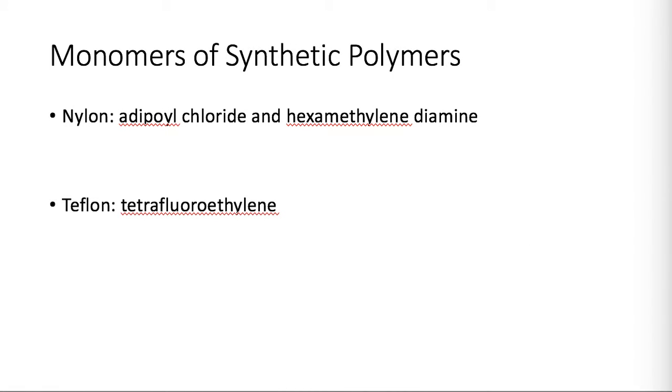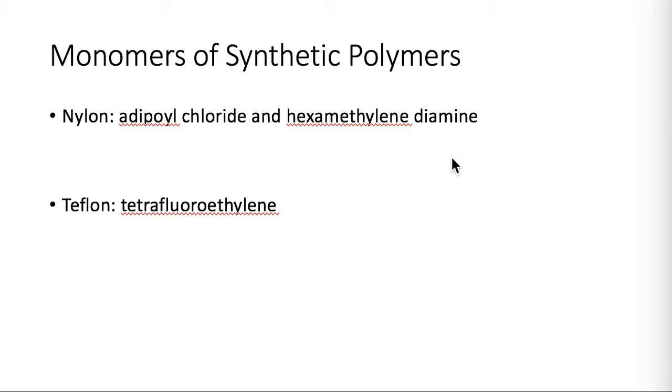And then lastly, in your handout, you have a table in which we're going to be comparing natural versus synthetic polymers. You have a list of polymers, and in another column you have natural or synthetic, so you just have to identify whether it's a natural polymer or a synthetic polymer.